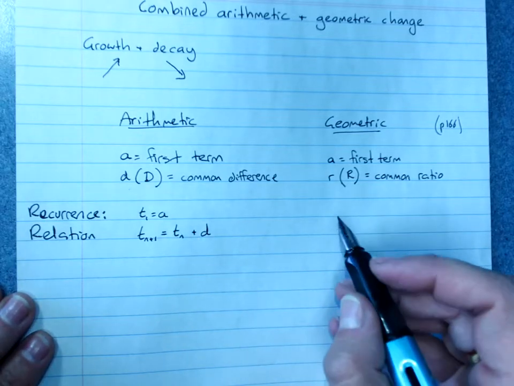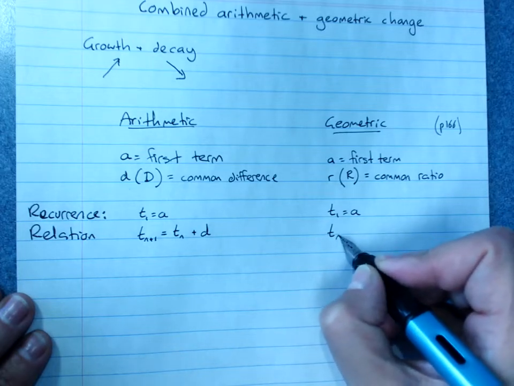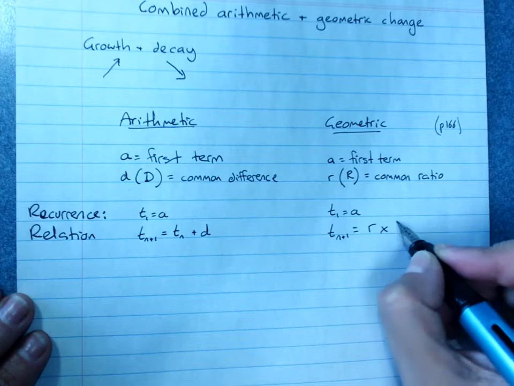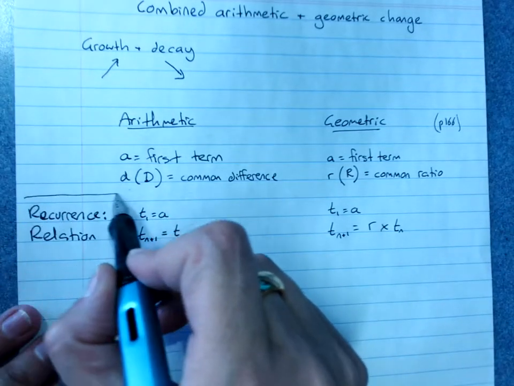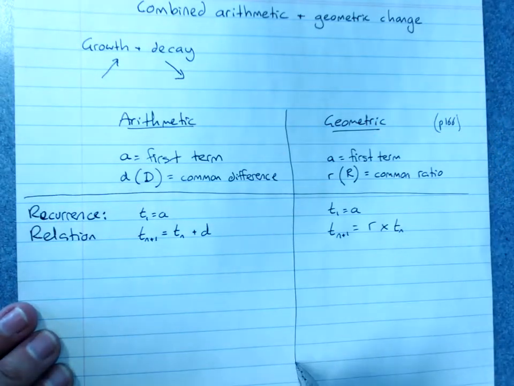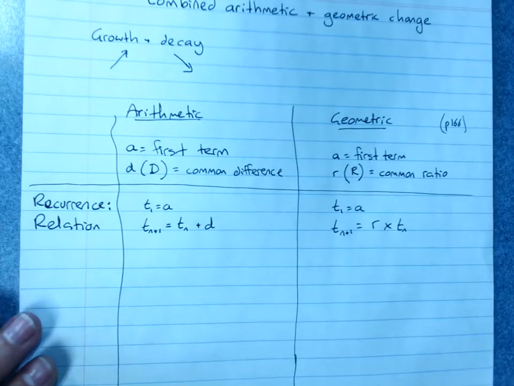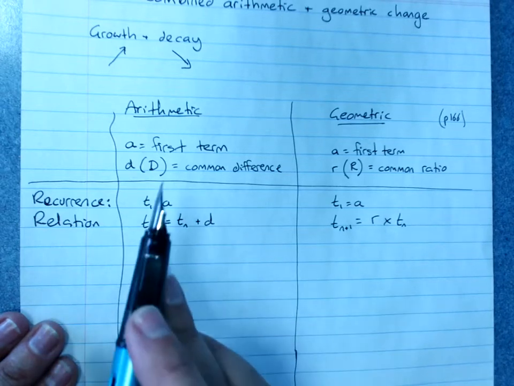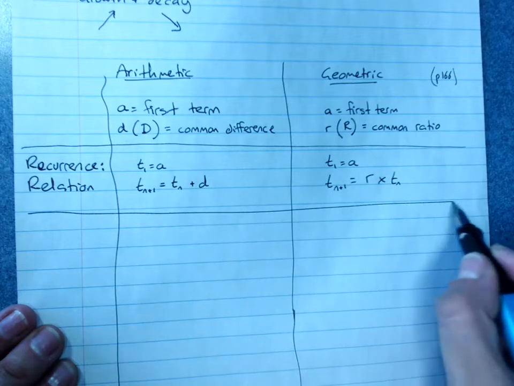For geometric sequences, we still have T1 is A, but Tn plus 1 is the common ratio times the previous term. We'll separate this out into a little table thing here. So we're comparing how a recurrence relationship looks for arithmetic and geometric. This is a nice overview of what we've done so far.